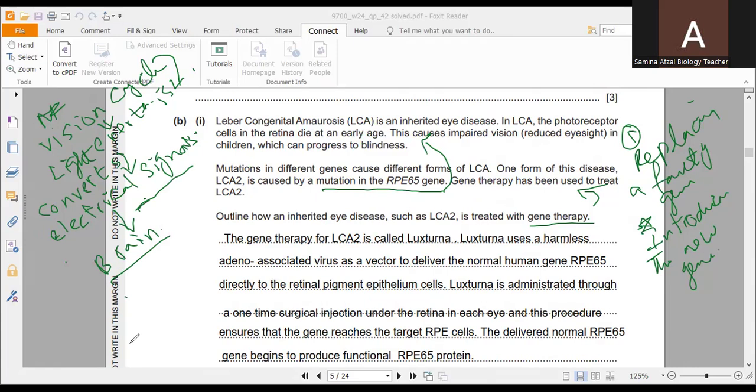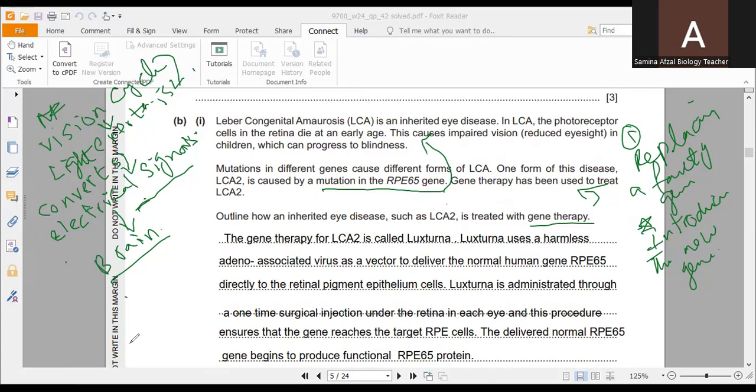So gene therapy for LCA2 aims to replace the mutated RPE65 gene with a normal functional copy. The currently approved gene therapy for LCA2 is called Luxturna, which I have written over here.